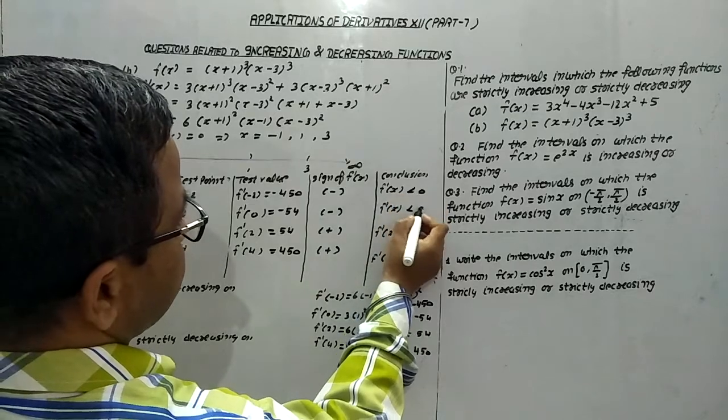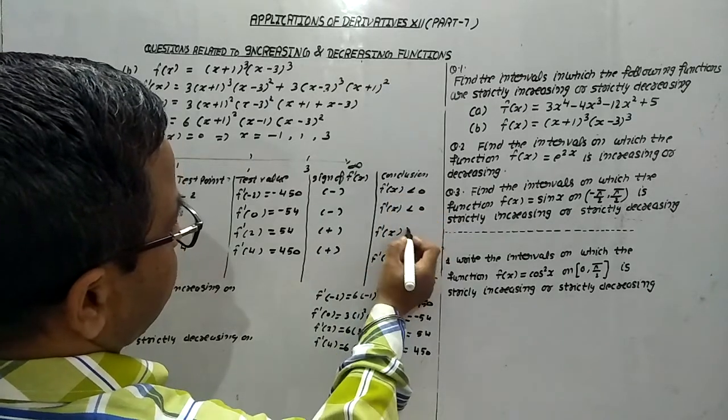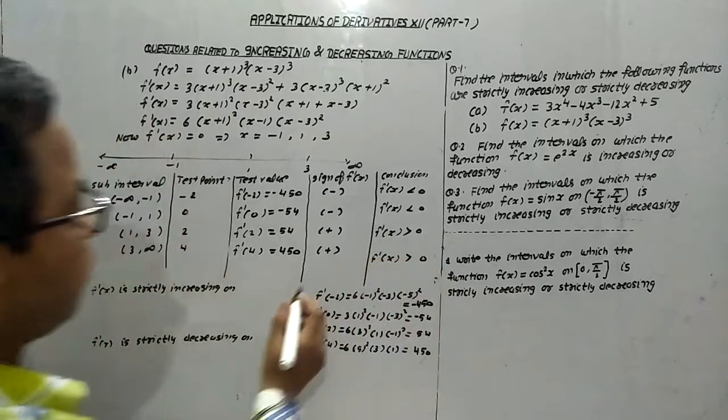It means f dash is less than 0, less than 0, greater than 0, greater than 0.